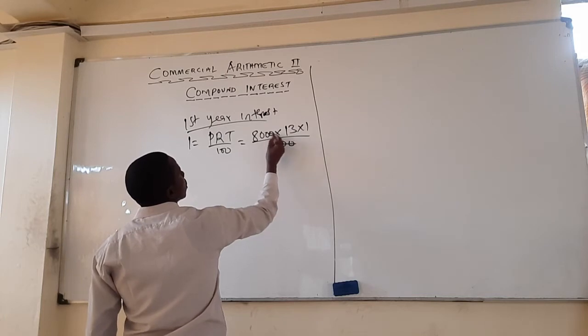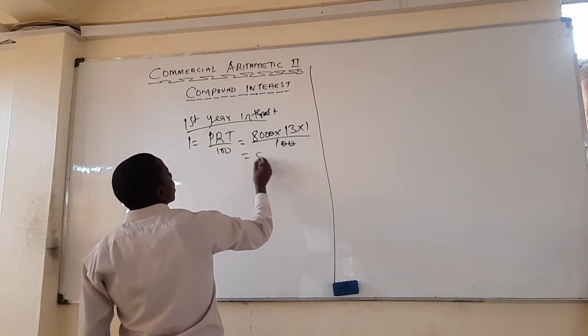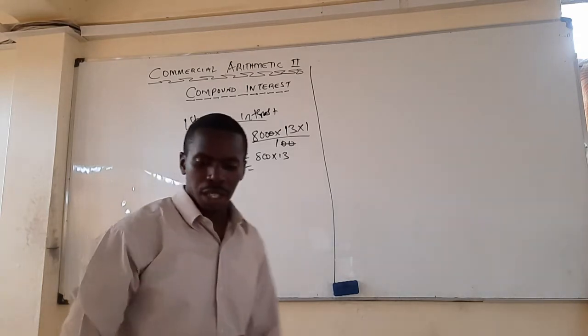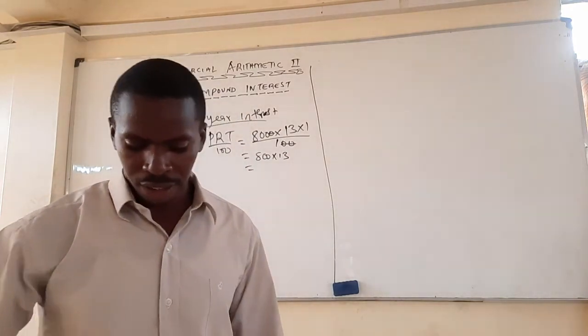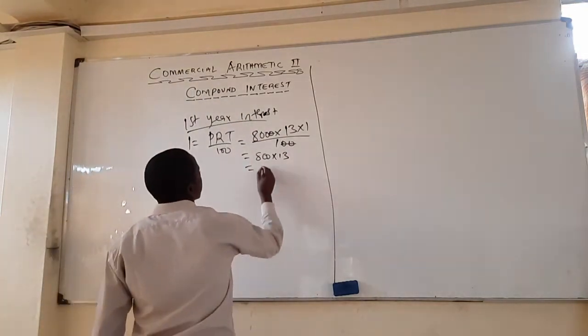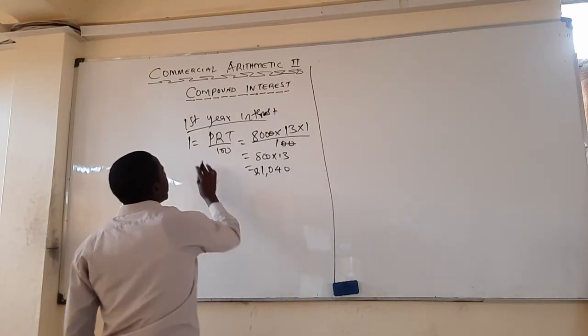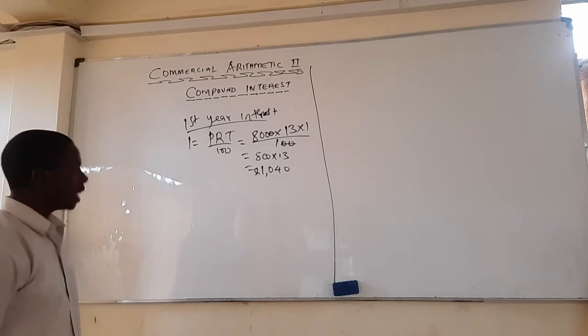These two are going to cancel. Then you have 80 times 13, and this you are going to get as 1,040. So that is the interest in the first year.